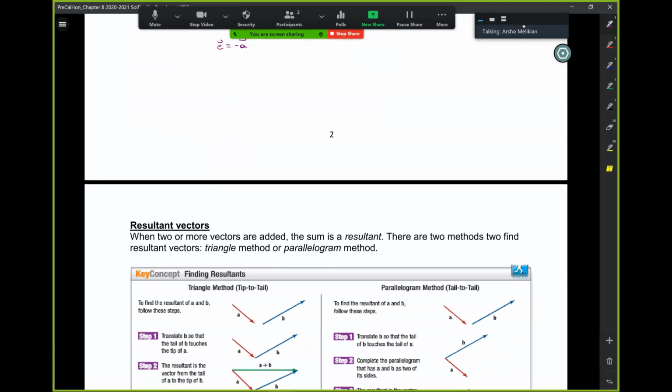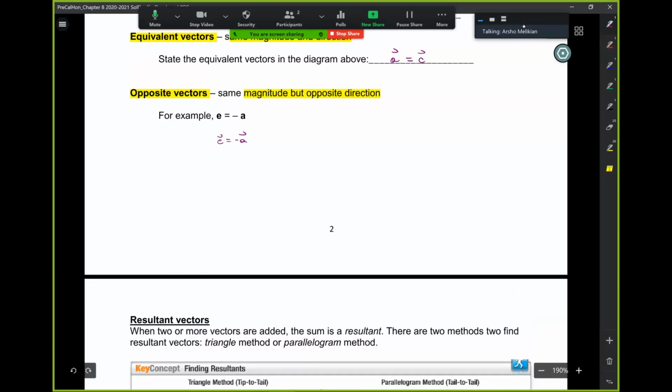So it's negative A? Yeah, E is equal to negative A. It means E and A have the same size, but they go in opposite directions. Yep, it is cool actually. So in the world of vectors, the negative's sole purpose is to denote direction. Okay.